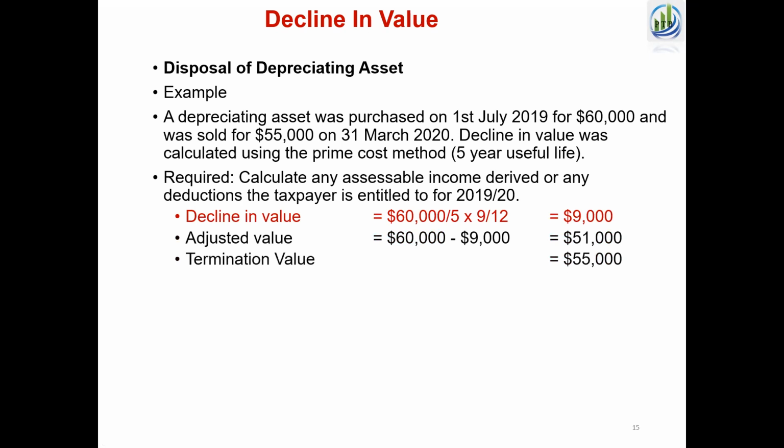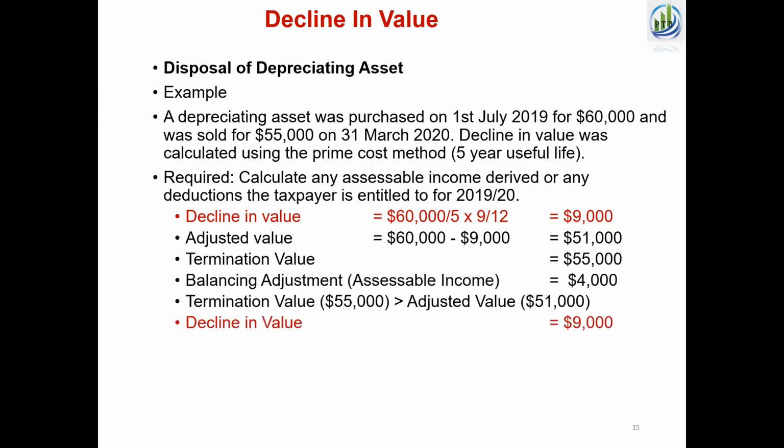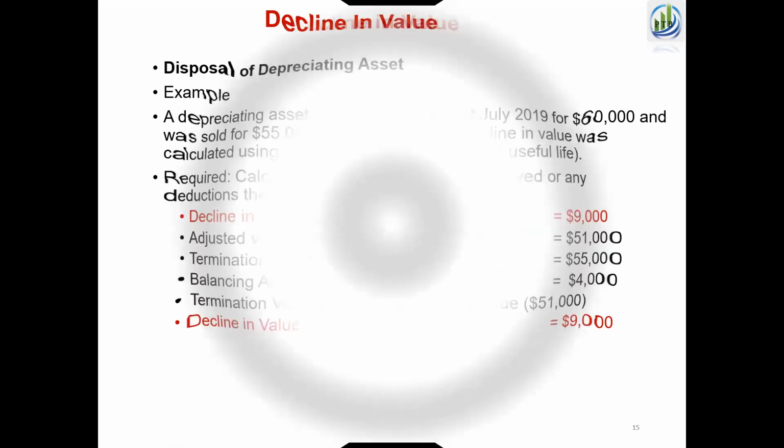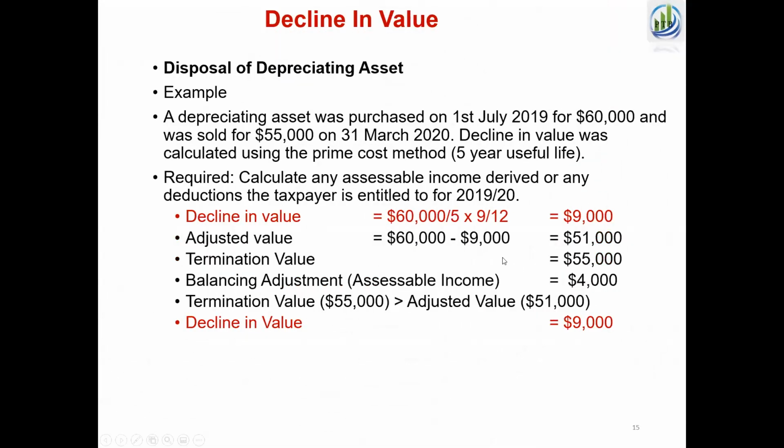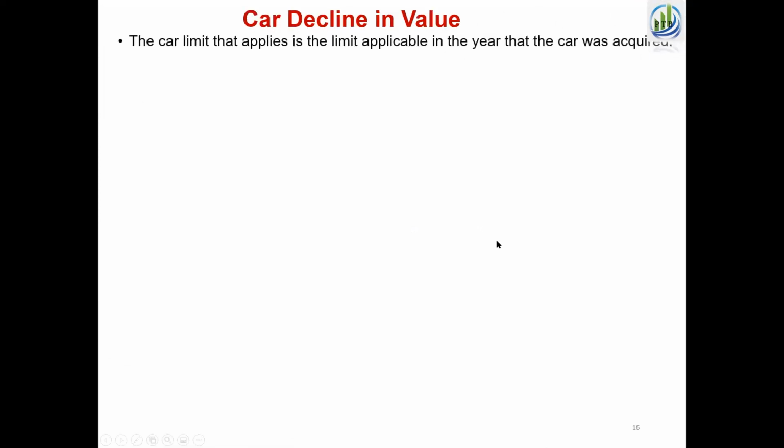What's the meaning? $51,000 worth of asset, you sold it for $55,000. So you have a $4,000 profit. That's called your assessable income, $4,000. And your declining value, $9,000. Right? So this $4,000 will go as other income in your other assessable income.